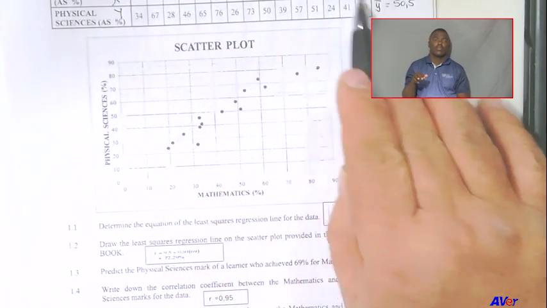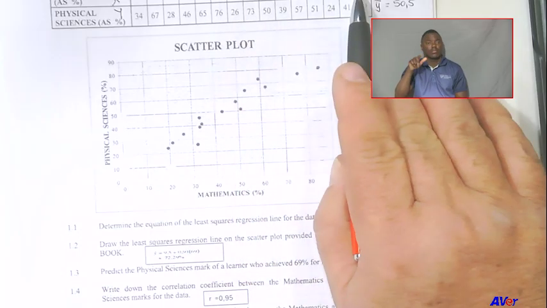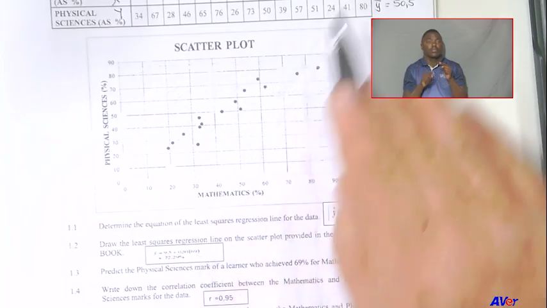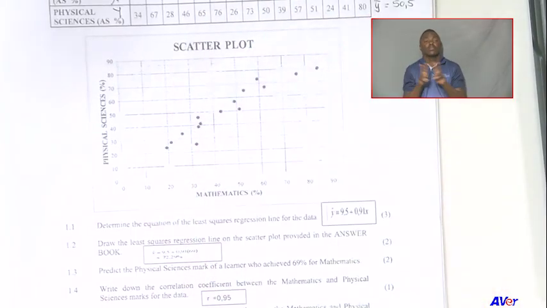The largest value here is 85. So it lies between 19 and 85. 69 lies between the smallest and the largest value. So it's interpolation, which means the answer you get for your physical science mark is relatively accurate, because it's interpolation. Is that clear? Have you got it?